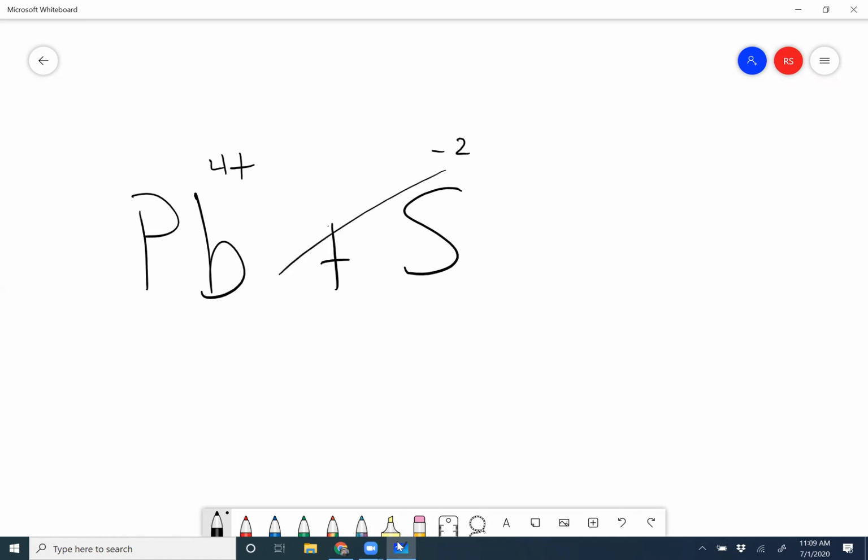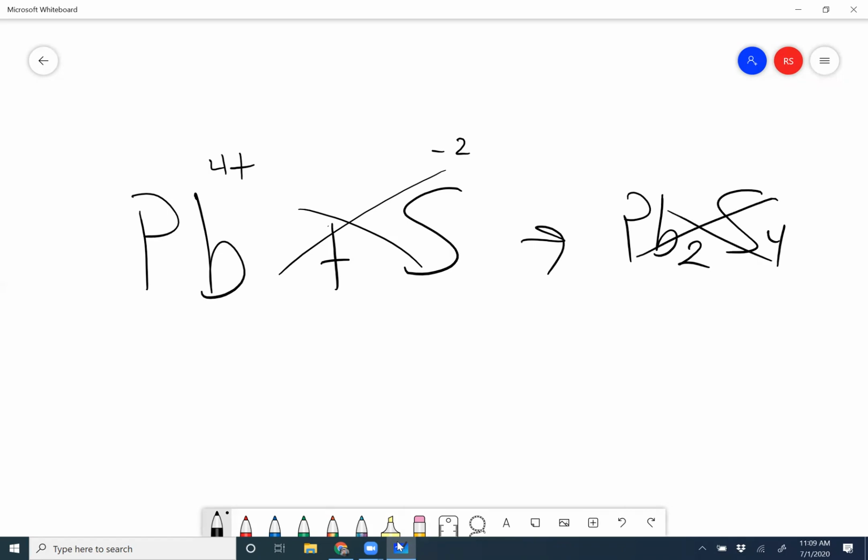If we do our crisscross method, you might want to say that this is Pb2S4. But when it comes to ionic compounds, they don't want to do this. They want to have the absolute simplest ratio. So this isn't true. You want to simplify this to just PbS2, so both of them add up to 0.